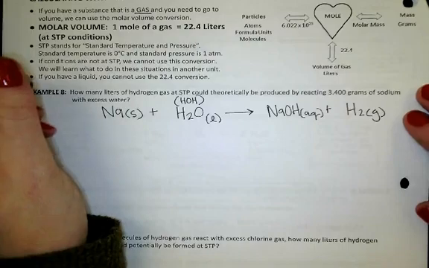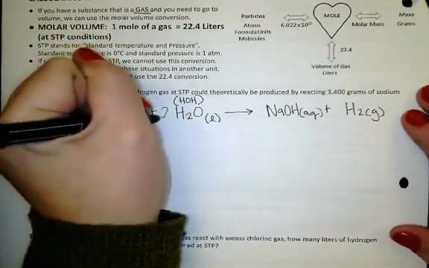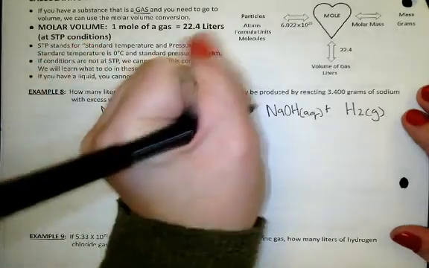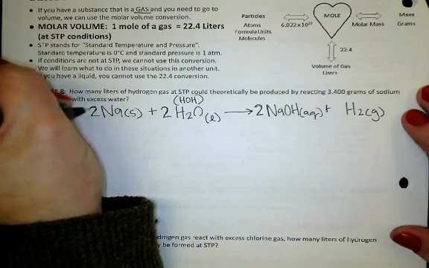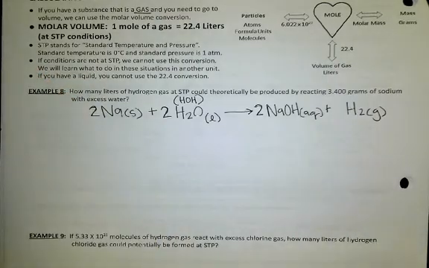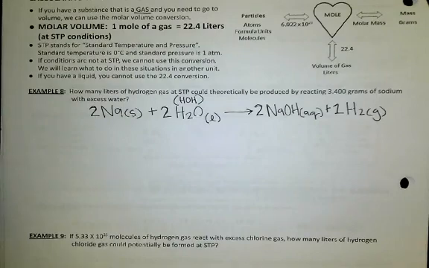Okay. Now we need to balance these. So when I balance, I'm going to need to put a 2 in front of the water, a 2 in front of the sodium hydroxide, and a 2 in front of the sodium. Okay, so that is our balanced equation. Now remember, there's an understood 1 in front of the hydrogen.